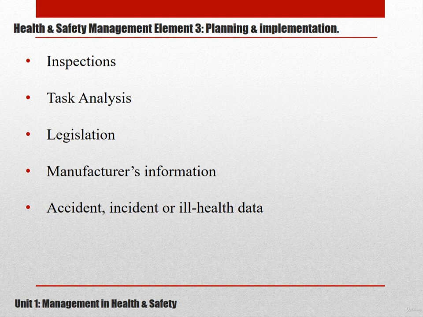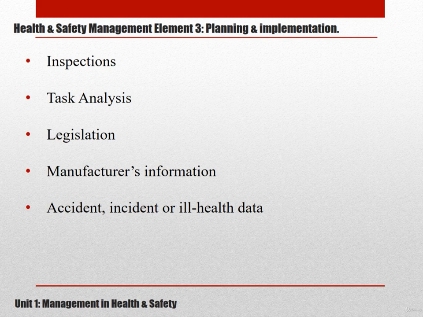This is a useful method to identify hazards since it allows hazards to be spotted before work starts rather than after the work has started. Task analysis involves breaking a job down into component steps and identifying the hazards associated with each step, so that the safe working method can then be established to deal with each hazard.